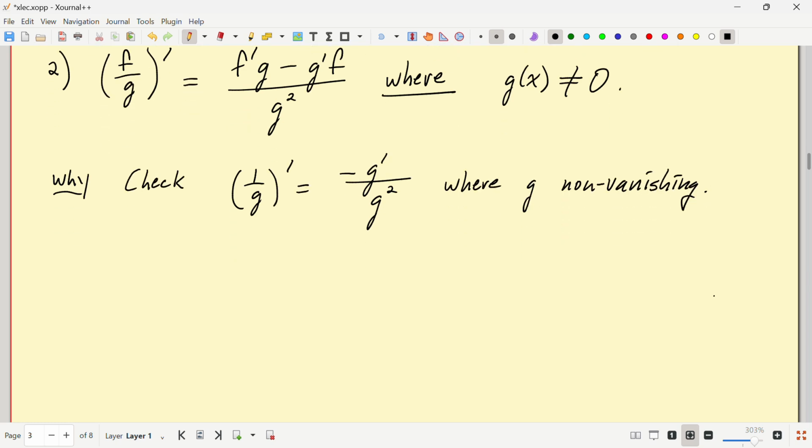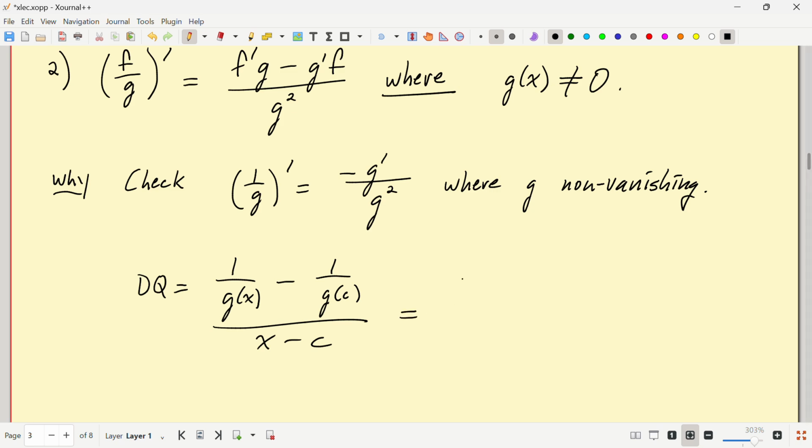That's the easy thing to check. Let's take the difference quotient. That would be 1 over g of x, and so on. We've sort of done this multiple times lately. After you do it multiple times, it starts to get easy. You do a cross multiplication on the top. What do you get?